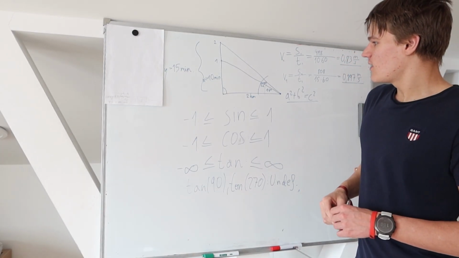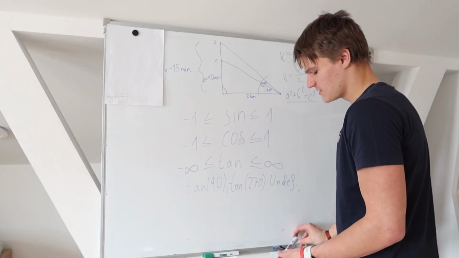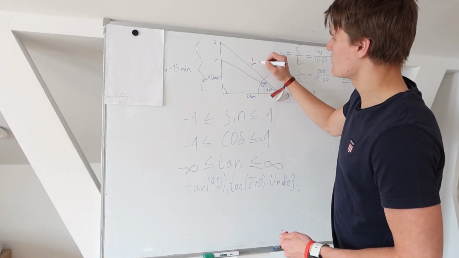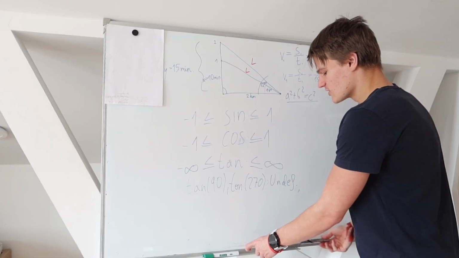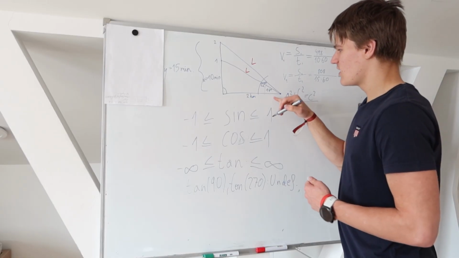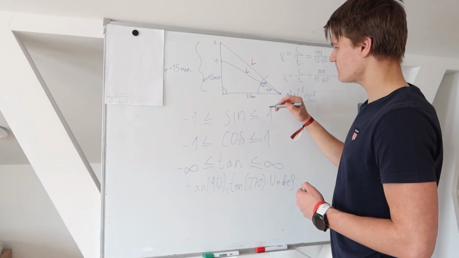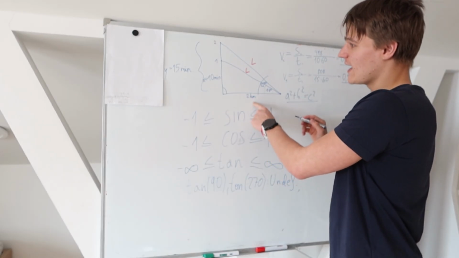So, let's remember. We said closest side, opposite side, longest side. We can put two L's here because these are both the longest sides. And let's use two different functions for this one. We have these two values, and also this one.